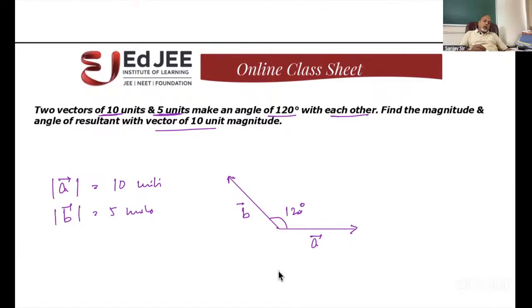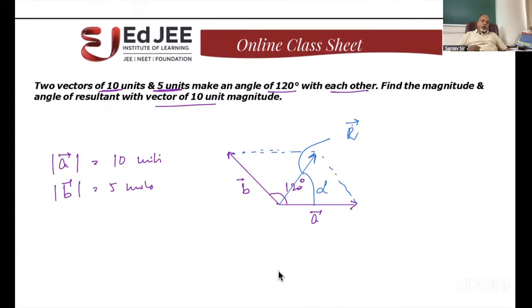So what do you have to do? You have to complete the parallelogram. This will be your R, and this will be your alpha. So we have to find out R and alpha.